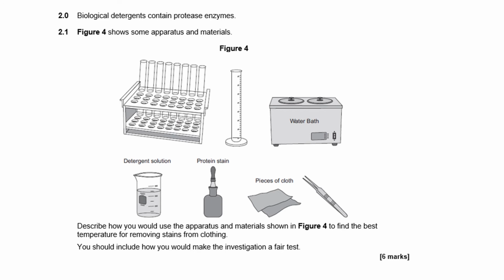You will gain more marks if you give specific numbers and amounts. If you say add some protein stain to a bit of cloth, that's not going to get you as many marks as saying add 5 drops of protein stain to 1 piece of cloth.